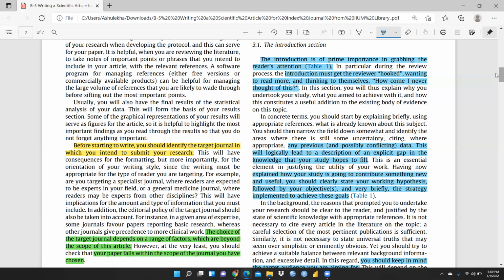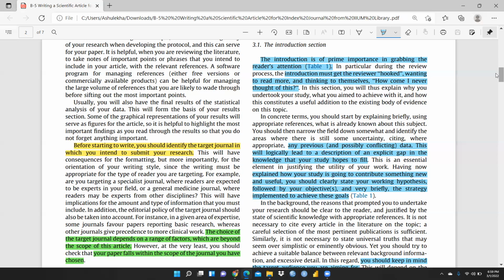In this section, you will explain why you undertook your study, what you aim to achieve with it, and how this constitutes a useful addition to the existing body of evidence on this topic.